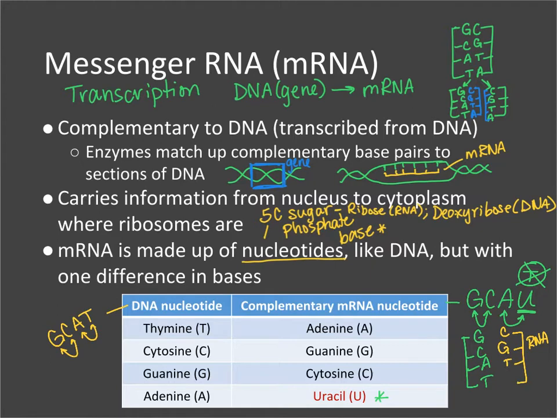But remember, we don't have T, so instead that A is going to pair with a uracil. Now, the T is still going to pair up with A because we still have adenine. So really the only difference is that U pairs up with A. The U is in RNA, and it's going to pair up with the adenine in DNA.